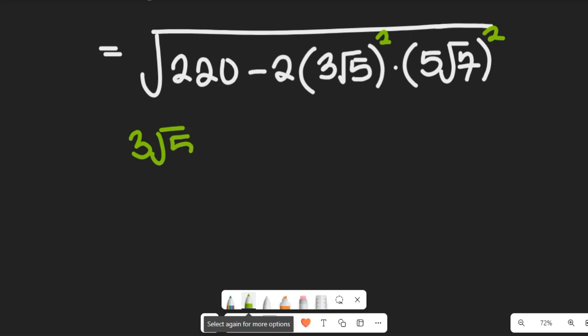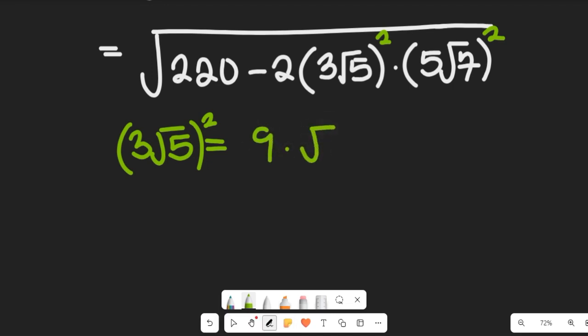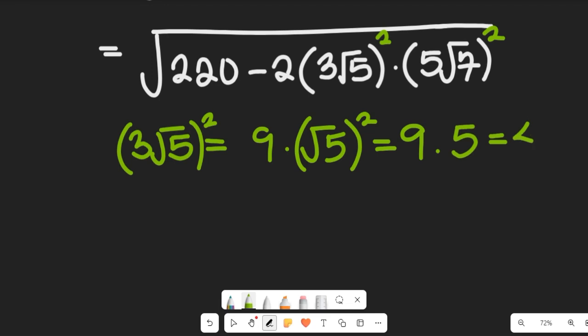If we simplify that, 3 root 5 all squared will be equal to 3 times 3, which gives us 9, multiplied by the square root of 5 squared. And if we simplify this, this is going to give us 9 multiplied by square root of 5 times square root of 5, which is 5, and this will be equal to 45, right?